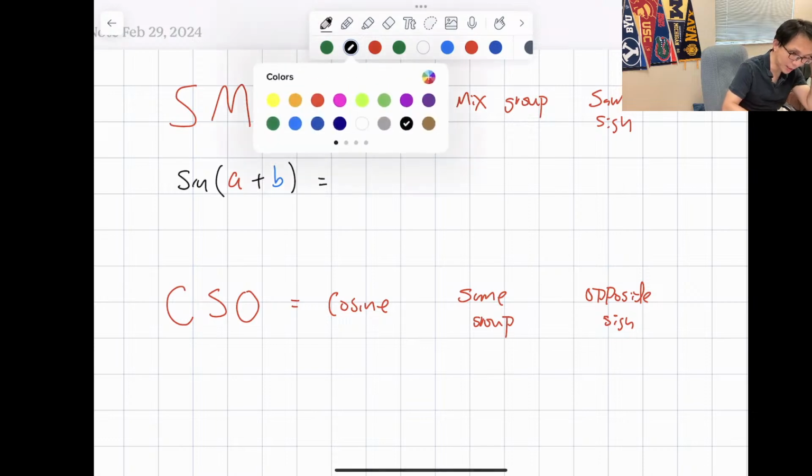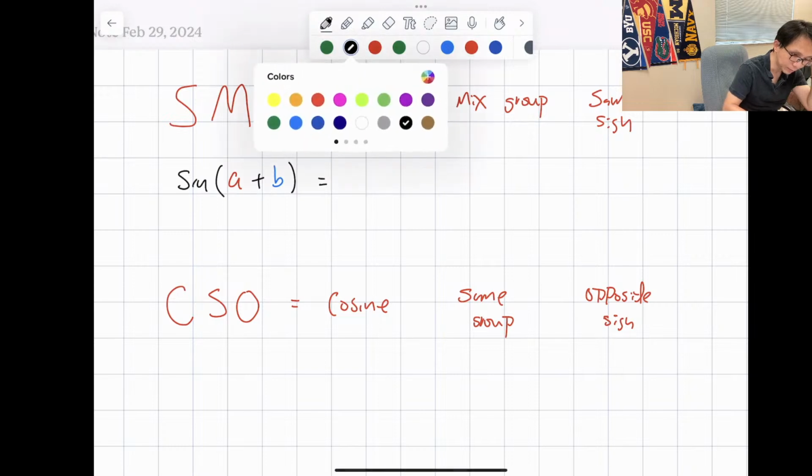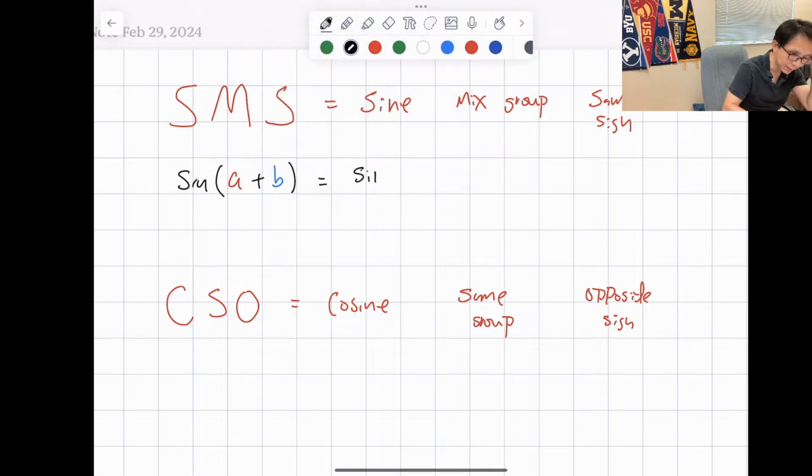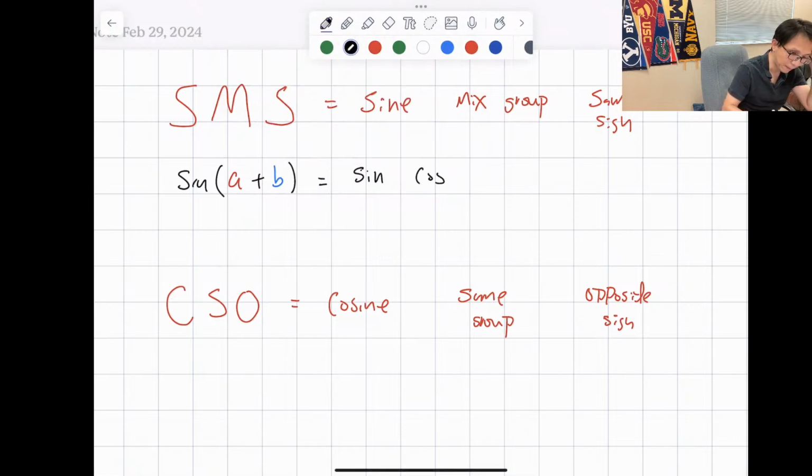Okay, so it'll be sine cosine. That's mixed sine and cosine. And then I will follow with the cosine sine, change the order.